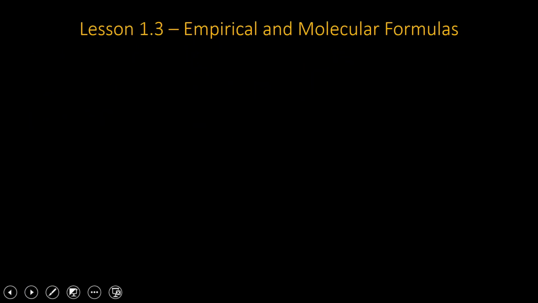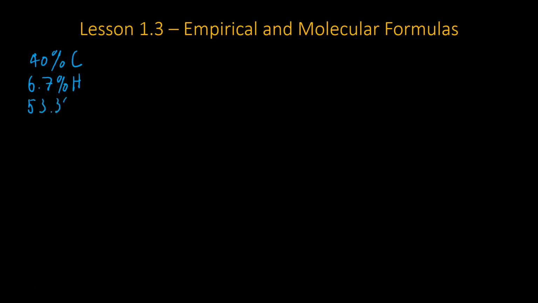On the topic of empirical and molecular formulas, we have to be able to know how to derive a molecular formula given information to find an empirical formula. So one typical question would be saying, I have a sample of an unknown compound. All I know is that by mass, my compound is going to be 40% carbon, 6.7% hydrogen, and then 53.3% oxygen.